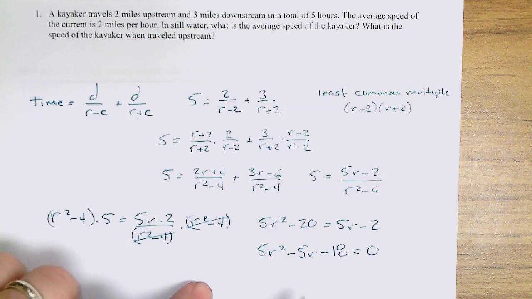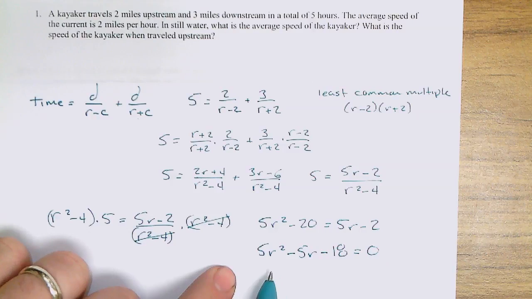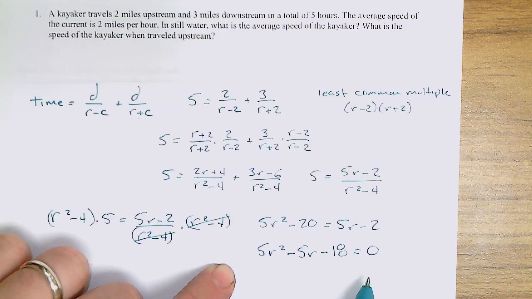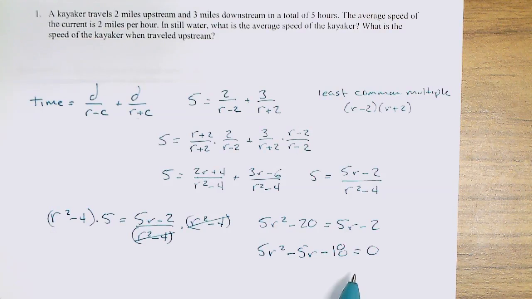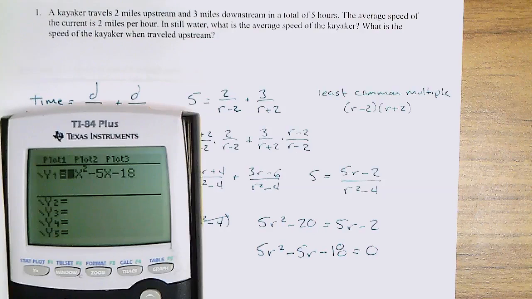Now here, I have a couple different options. I could try factoring by grouping, I could use my quadratic formula, or I could graph this and find the zeros. So we're just going to graph it and find the zeros.